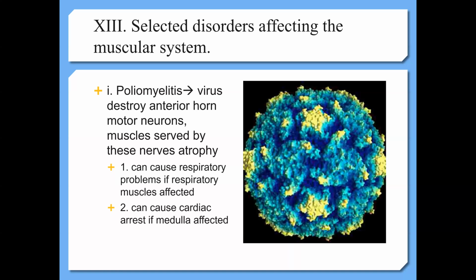And my next big tip for you is when you're taking your certification exam and they ask you what the control center is for some automatic thing, if one of the answers is medulla or pons or medulla and pons, just pick that.